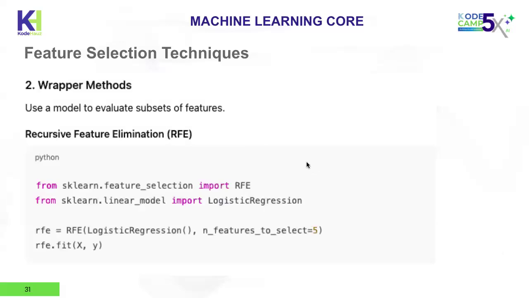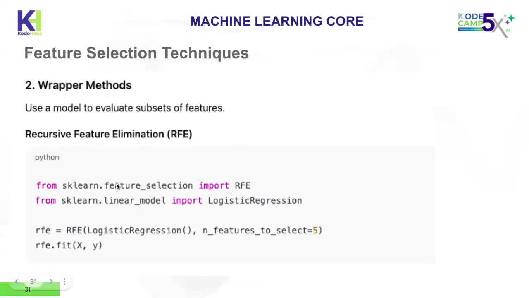Then we have what we call the wrapper method. The wrapper method is where you use a model to evaluate subsets of the features, and with that, you can recursively eliminate those features. One of the wrapper methods is recursive feature elimination, right?